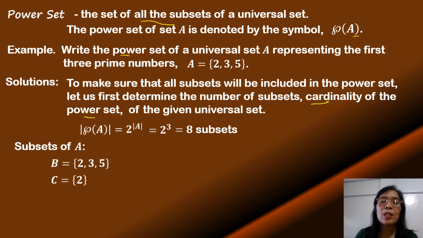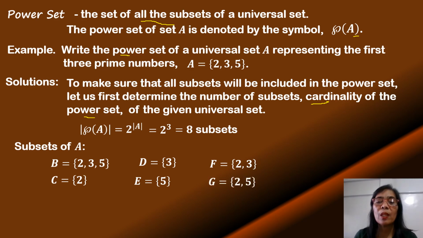So we can have another set whose element is 2, another subset whose element is 3, another subset whose element is 5, another subset whose elements are 2 and 3, 2 and 5, another subset 3 and 5, and another subset is the empty set. So there are a total of 1, 2, 3, 4, 5, 6, 7, 8 subsets. And so now we are sure we have listed all the 8 subsets.